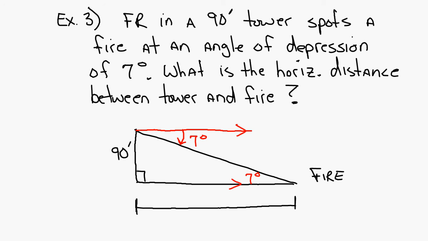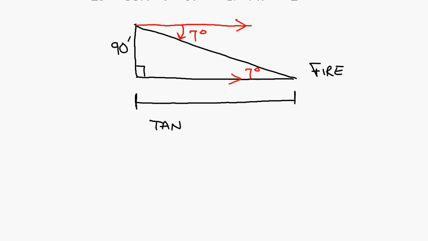So this becomes another tangent problem where you've got a 7-degree angle, you've got opposite, you're looking for adjacent. So tangent of 7 degrees equals opposite, which is 90, over adjacent, which is the horizontal piece of this triangle.